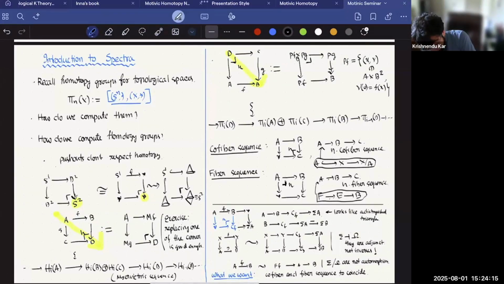What you really want is that our homotopy co-fiber and fiber sequences coincide. In a broad sense, we want our homotopy pushouts and pullbacks to coincide.